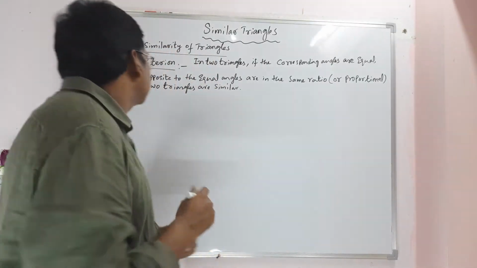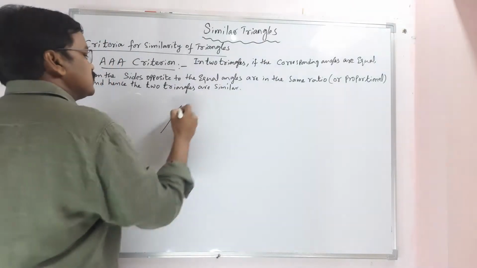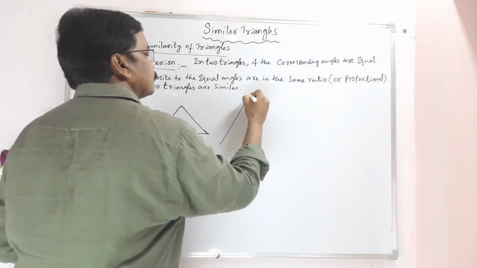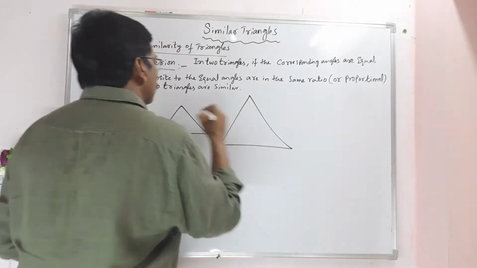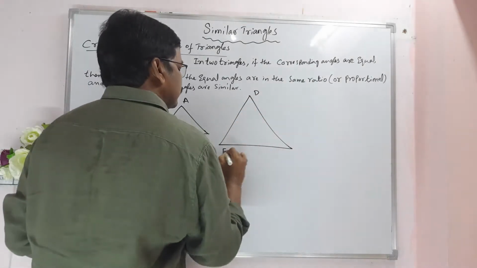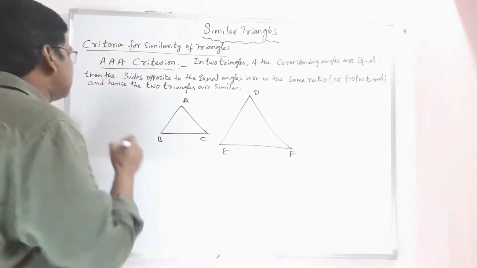Okay, the first one is angle criteria. That means here in two triangles, one is ABC, the other triangle is DEF. In the two triangles, the corresponding angles are equal.